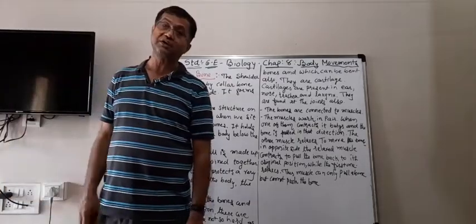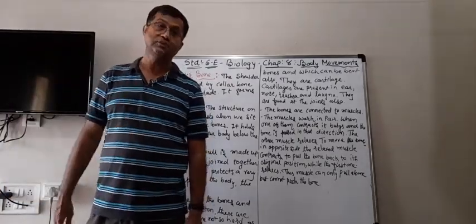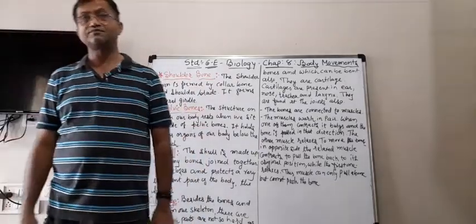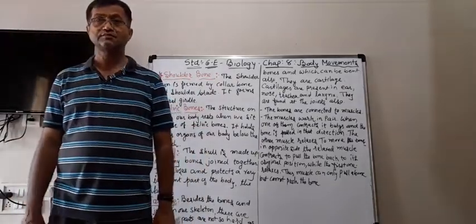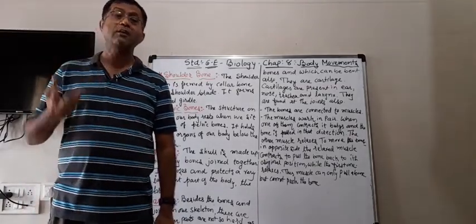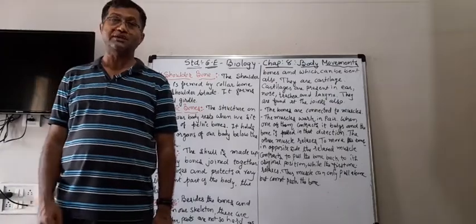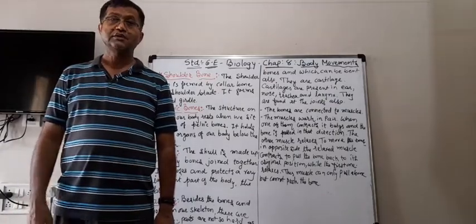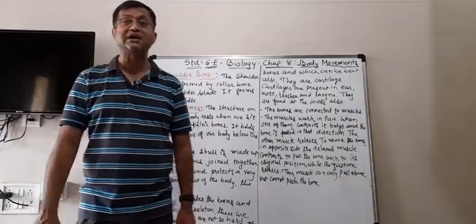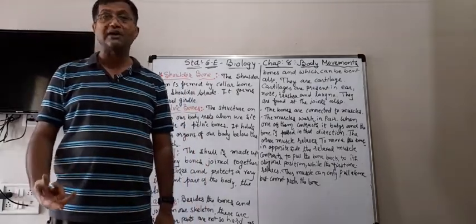What is the other work of our bones or the skeleton? Without a skeleton, can we stand like this? If there are no bones, can you imagine how we could move from one place to another? That is very far. We can't even stand like we are standing now on our legs.